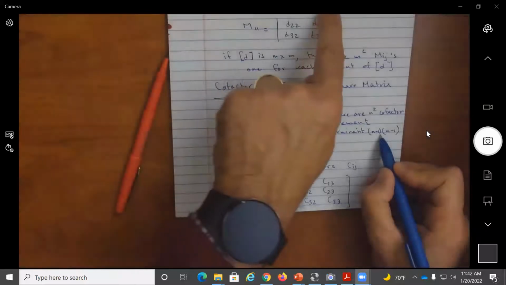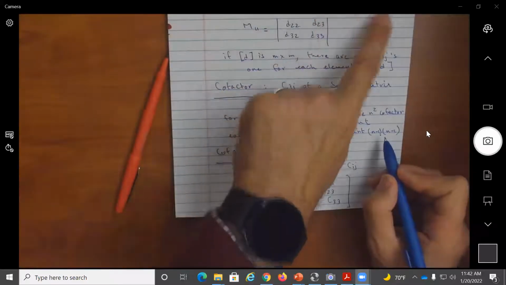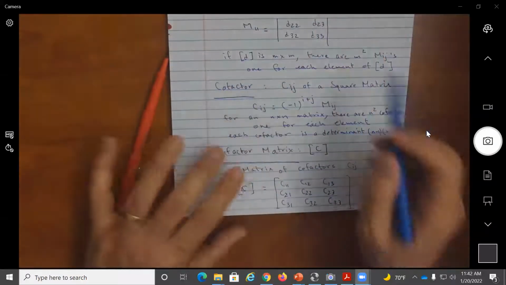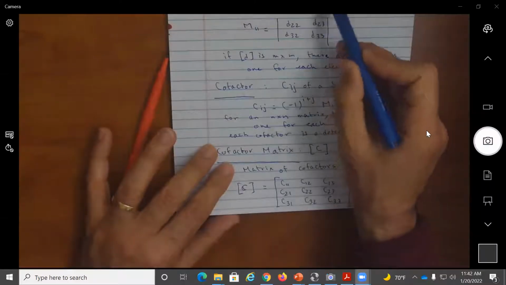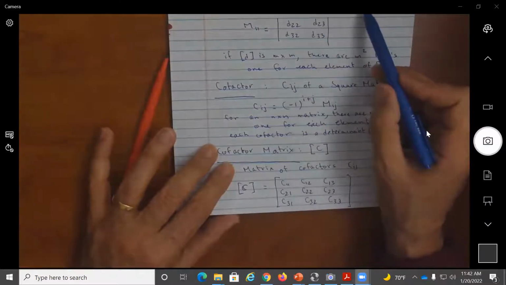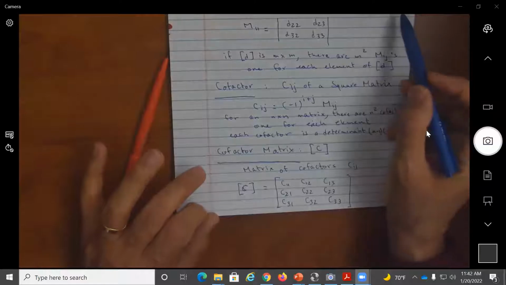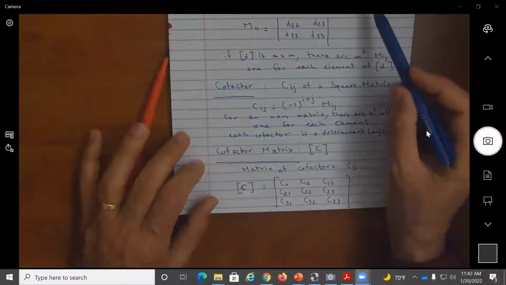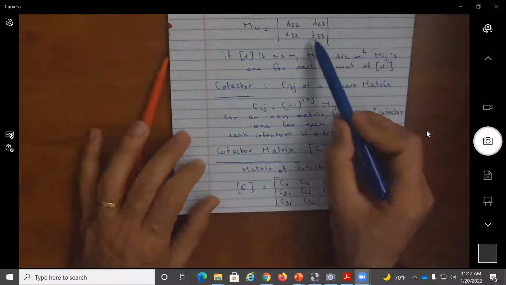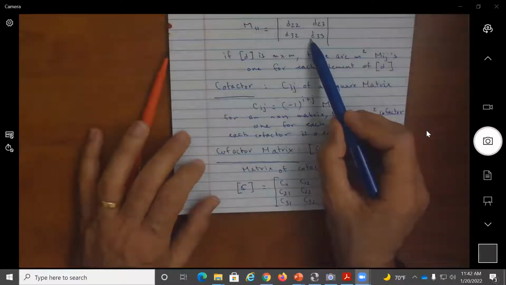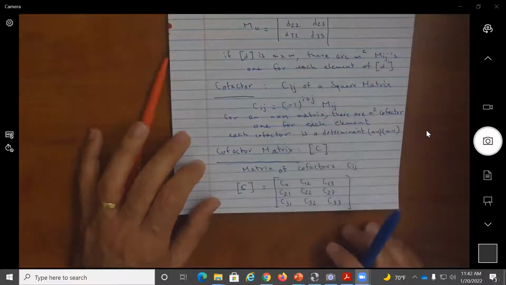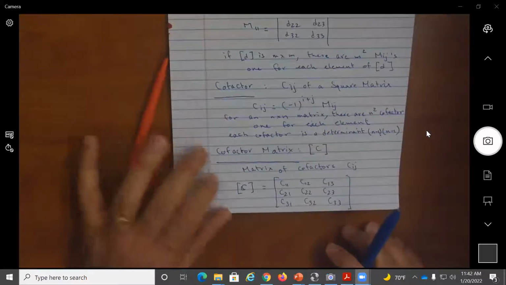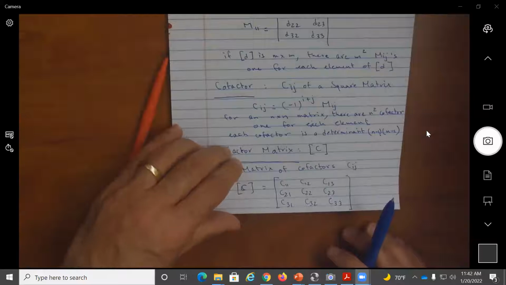If this was an n by n, the order of the determinant is 1 less than the order of the matrix. So if the matrix was 3 by 3, the determinant is 2 by 2. You got it?